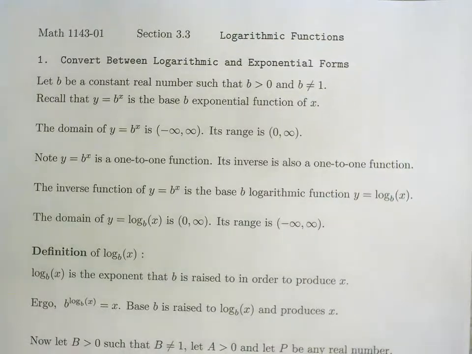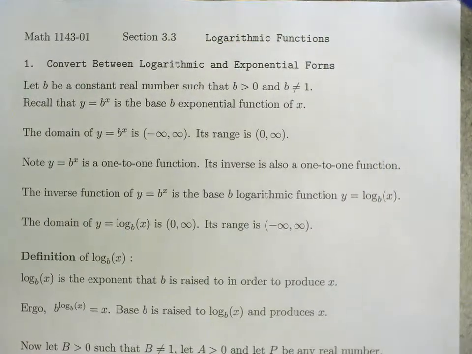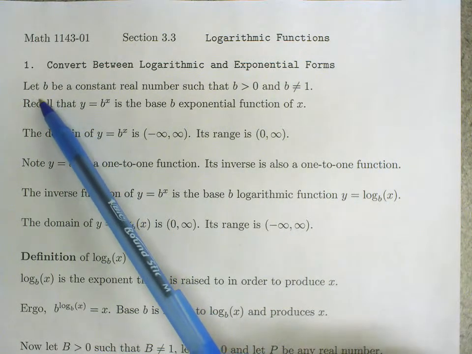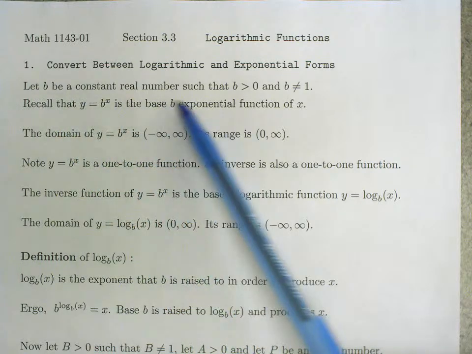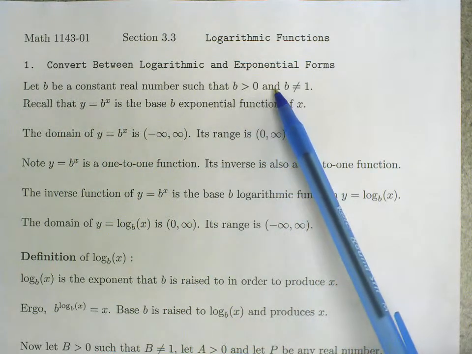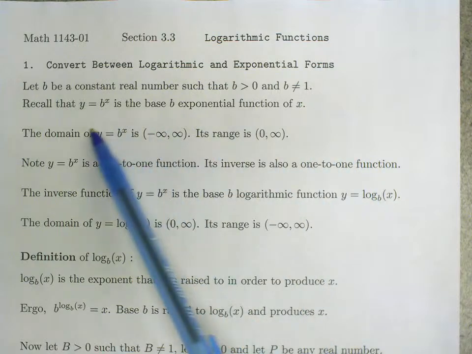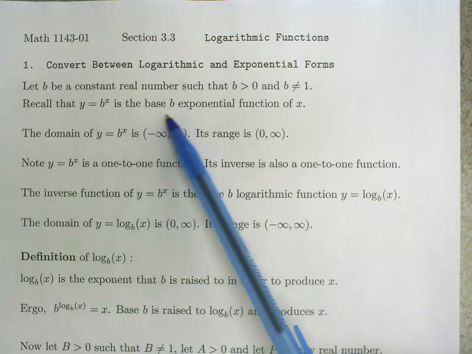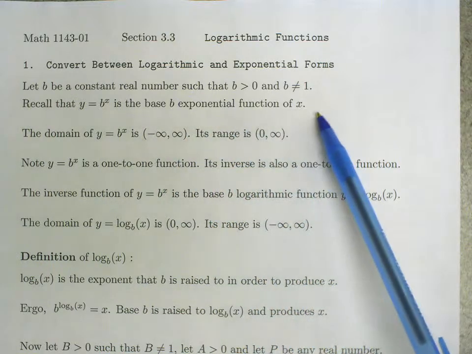We'll read over what we already read last time on logarithmic functions. So let b be a constant real number such that b is greater than 0 and b is not equal to 1. And recall that y equals b to the x is the base b exponential function of x.